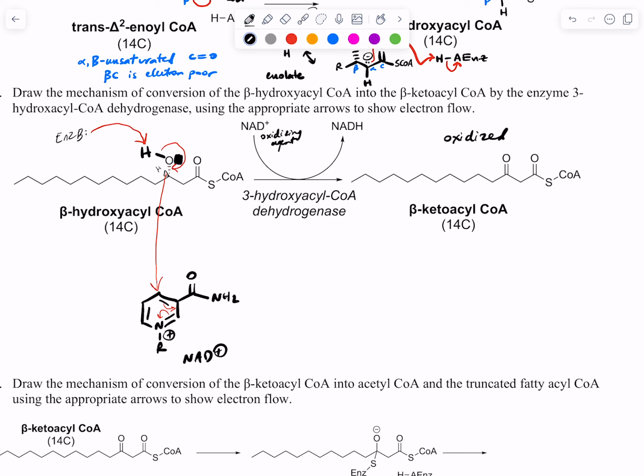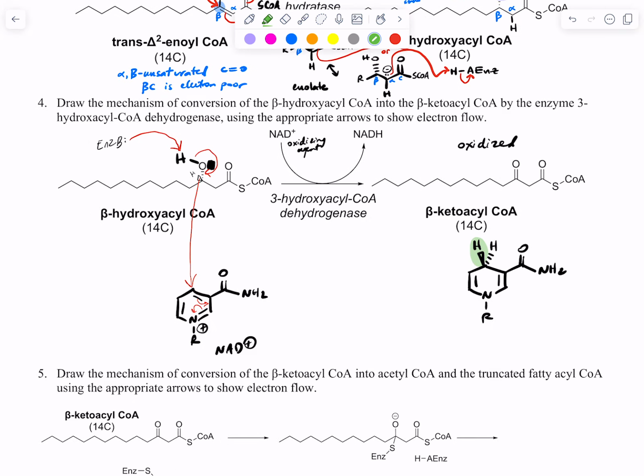Of course, NAD plus gets reduced. The reduced form of NAD plus looks like this. And one of those hydrogens on that carbon that's opposite the nitrogen is the hydrogen with its electrons that's going to get transferred to the electron transport chain.